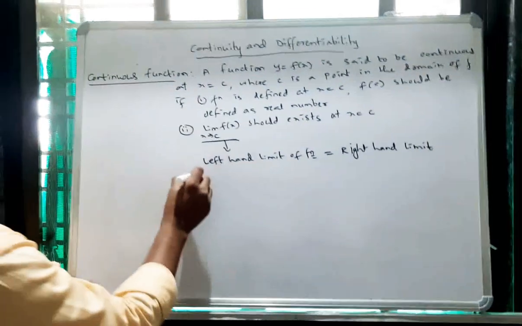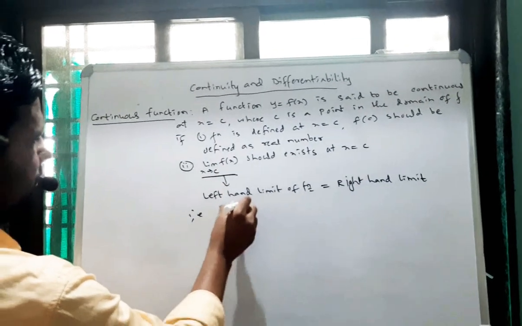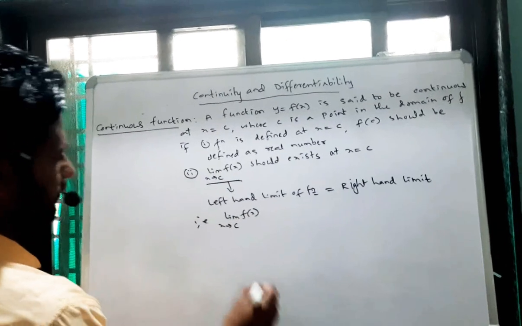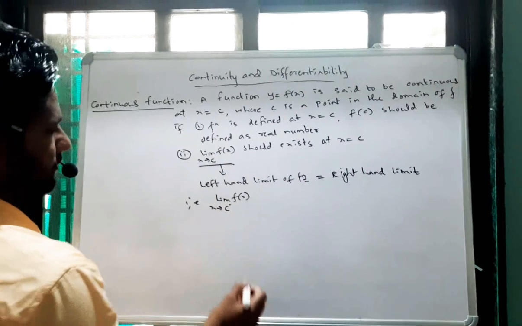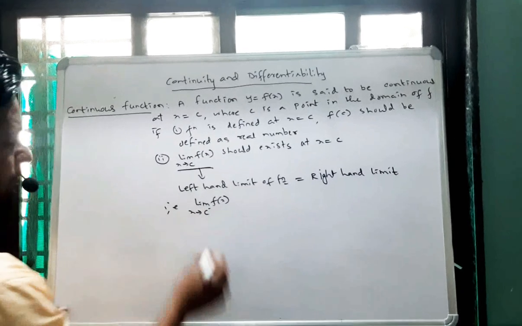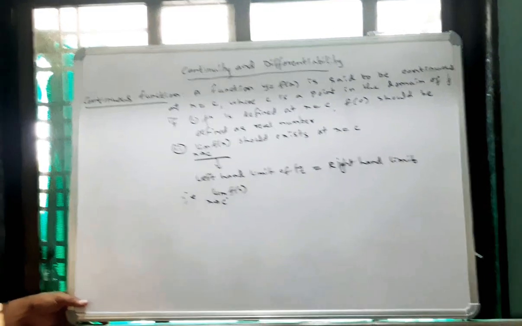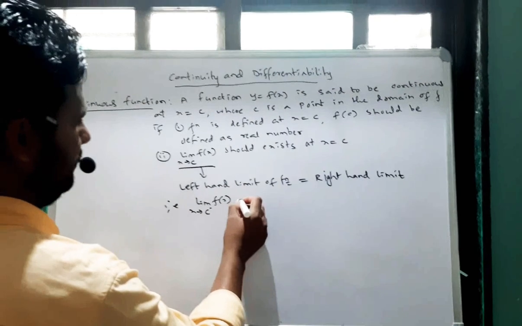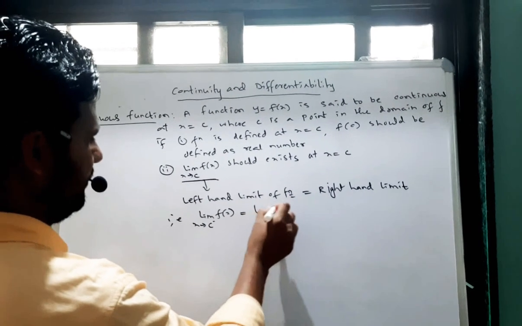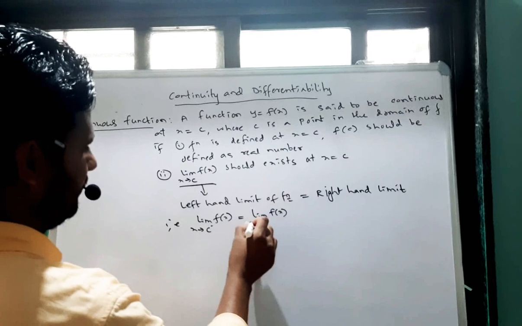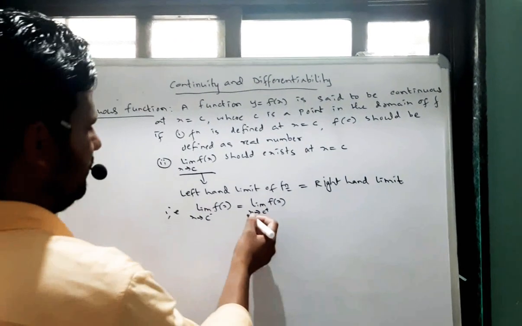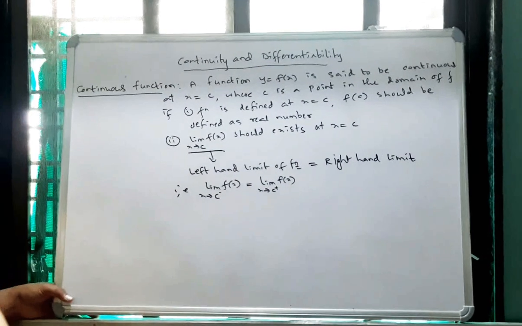That is, limit of the function f of x when x tends to c minus, nothing but x slightly less than c, is equal to right hand limit. Right hand limit is limit of f of x when x tends to c plus. C plus means x slightly greater than c.